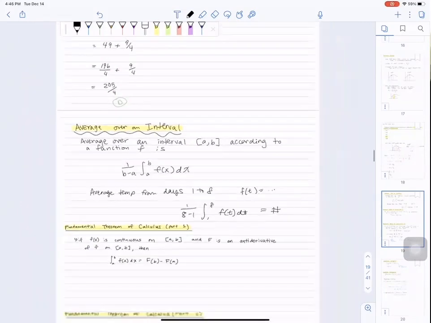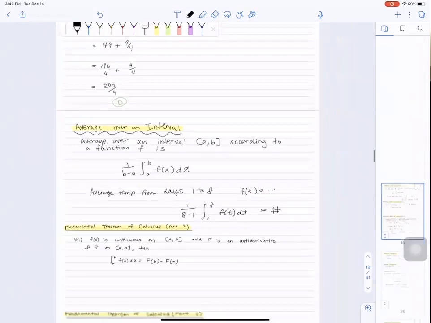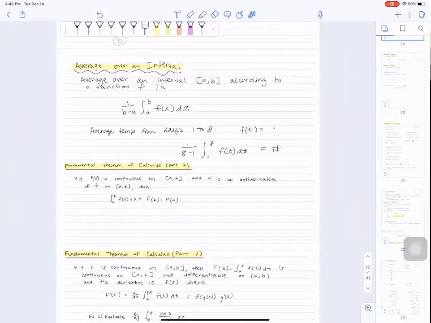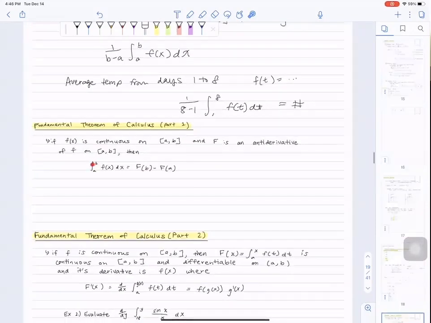Now, the fundamental theorem of calculus has part 1 and part 2. It's not important which one you distinguish as 1 or 2; some textbooks switch them. Just know it's the fundamental theorem of calculus. The first part says how to find a definite integral. We know an indefinite integral of f of x dx gives you an expression in terms of x.